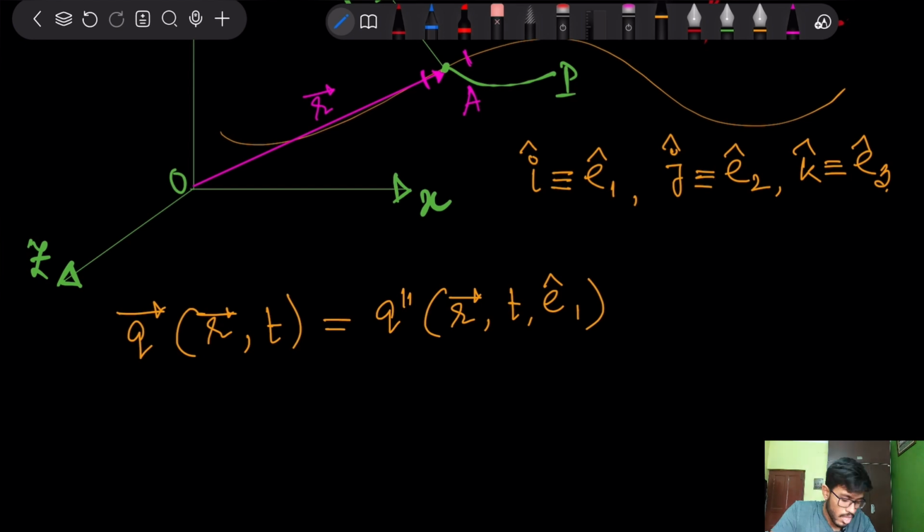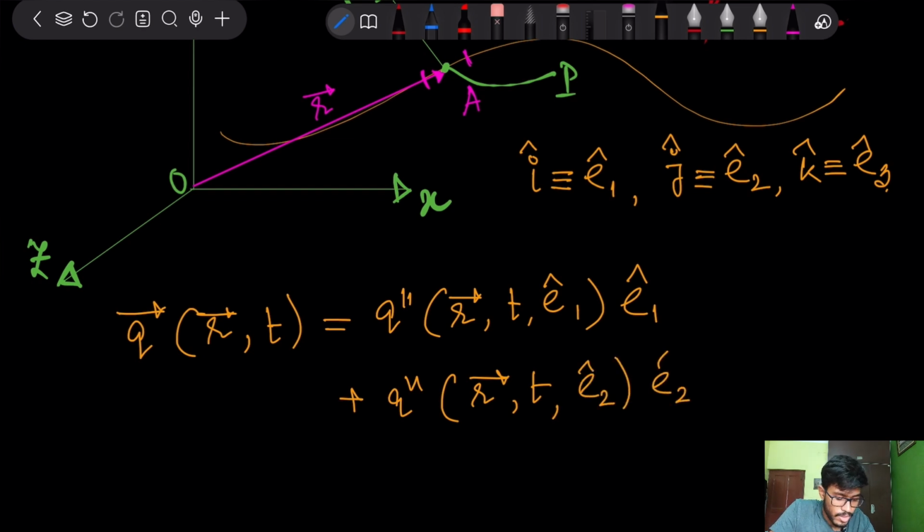And this into e1 cap plus q double dash r, e2 cap plus q double dash r, e3 cap.